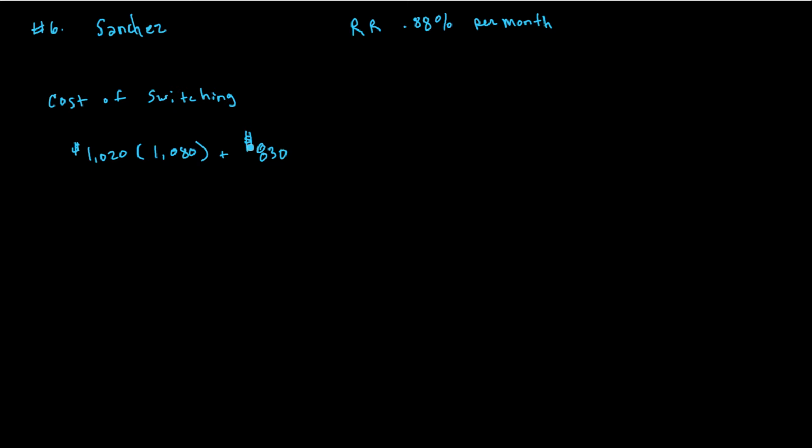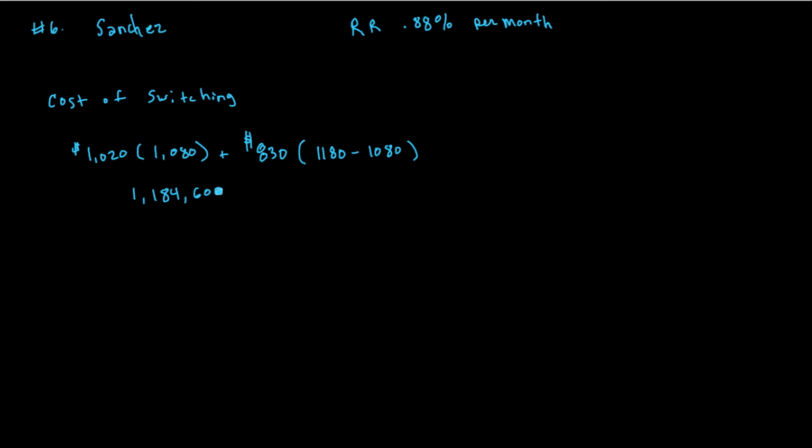We need to show that increased cost. How we do that is very simple. We just take the difference in the units, 1180 minus 1080, which is 100 units. So our total cost of switching is going to be 1,184,600.